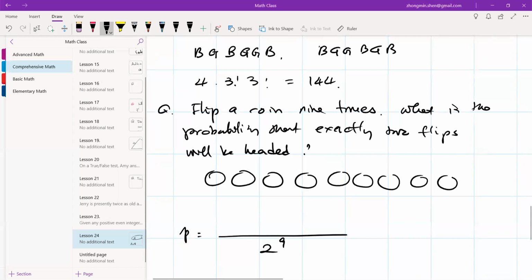Yeah, these 2 heads could be in any of the positions, right? So you have to change the problem to another problem to figure out the number. The rest are tails, but the heads could be in many different locations.